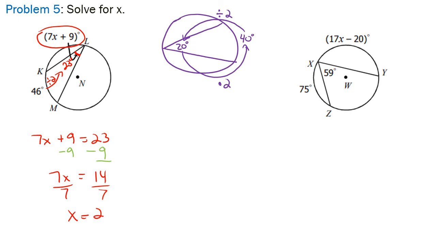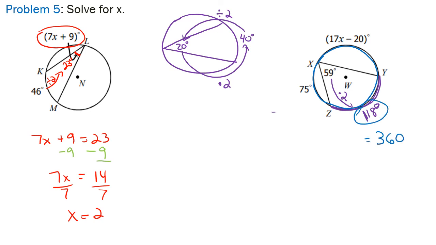Over here on the right, if I want to solve for x, I actually need to figure out what this arc is. To do that, if this is 59, going from the inscribed angle to the arc, I'm going to times it by 2, and I get 118 degrees. Now you'll notice that I have a full circle here, and a full circle has 360 degrees.